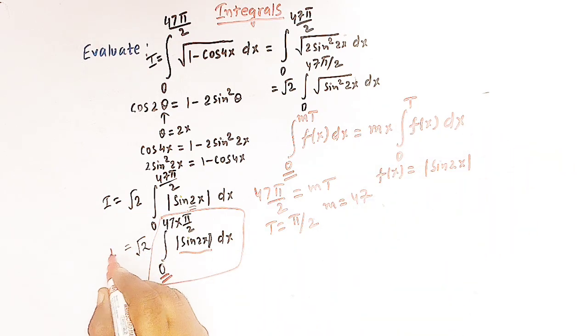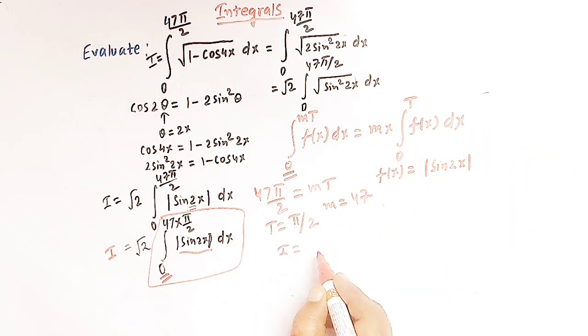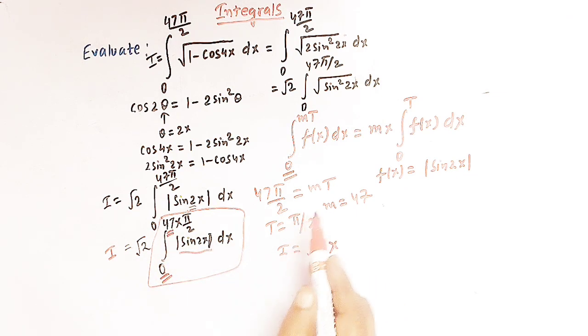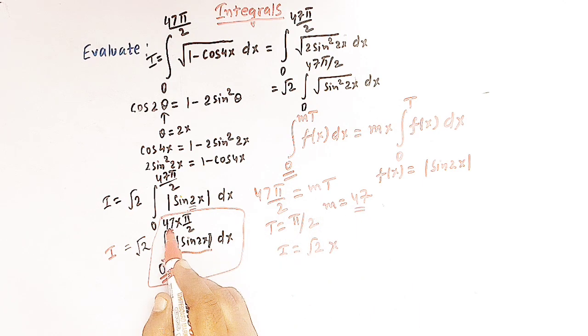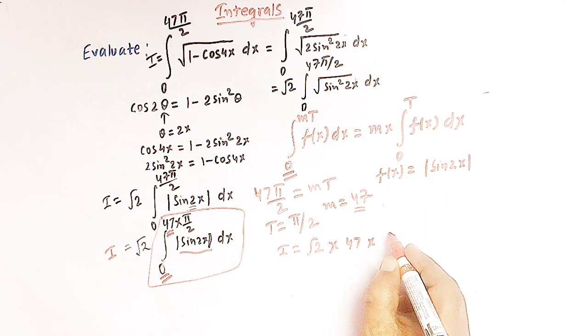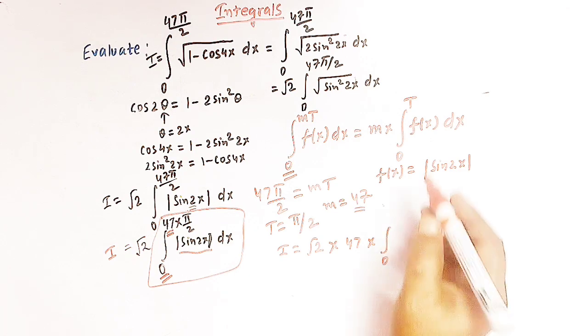So the value of I is now equal to square root of 2, and here the value of m is 47. So we have m, that is 47, and then we have the integral from 0 to t.